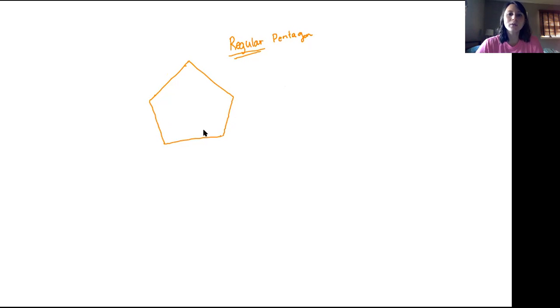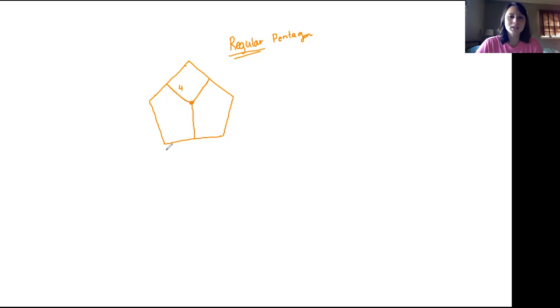So if I were to say this middle section going from the middle to one of the sides, so like that, that was 4.